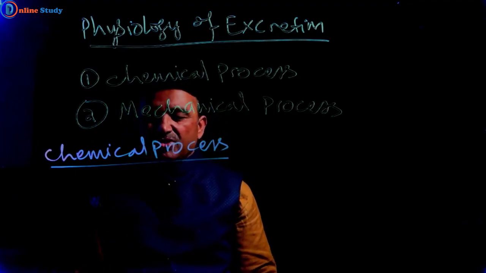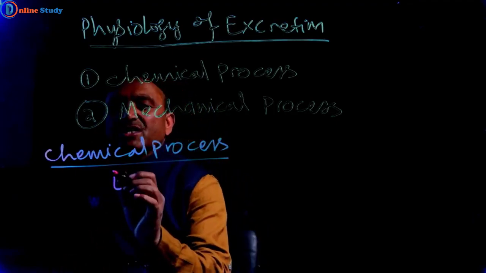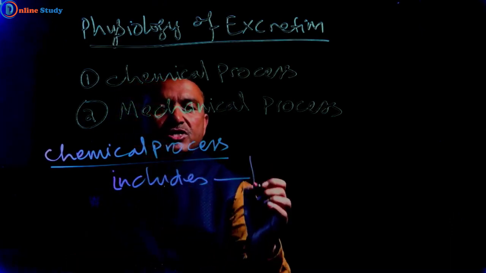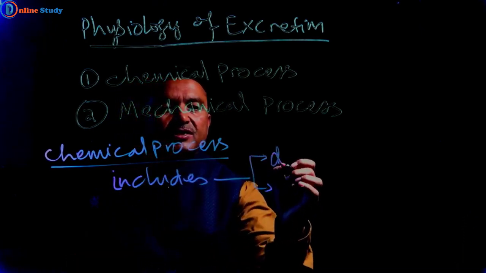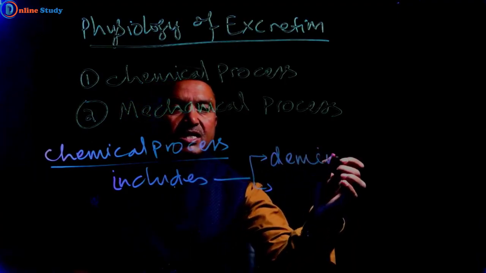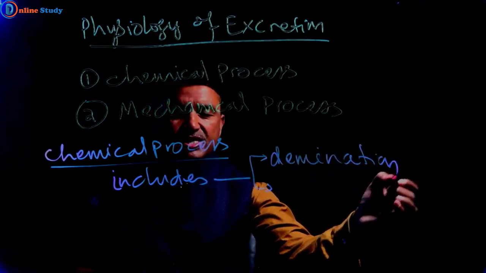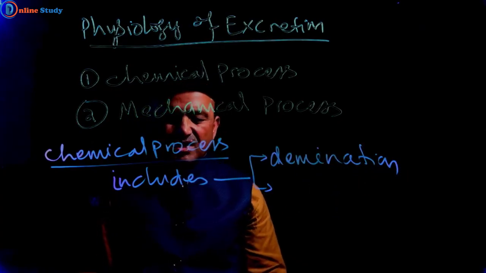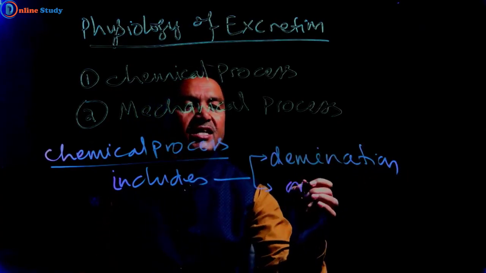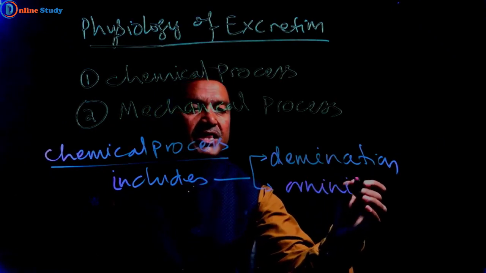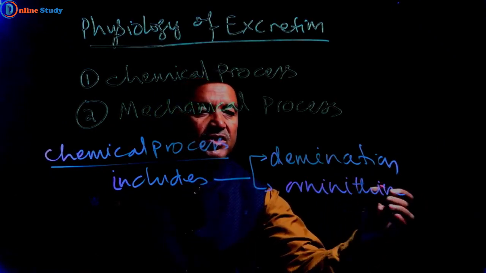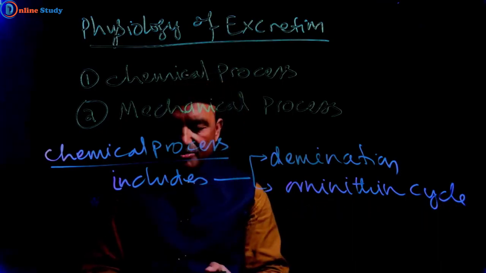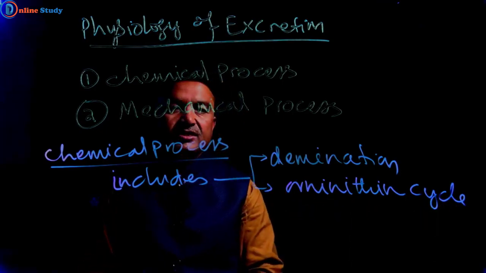Chemical process first includes deamination and ornithine cycle, or urea formation cycle.